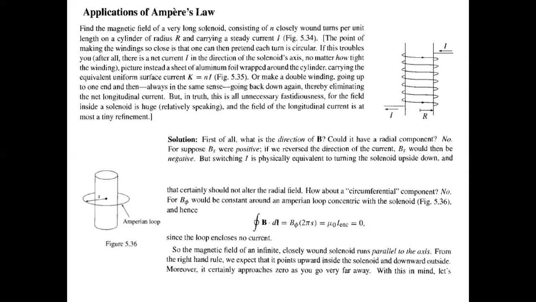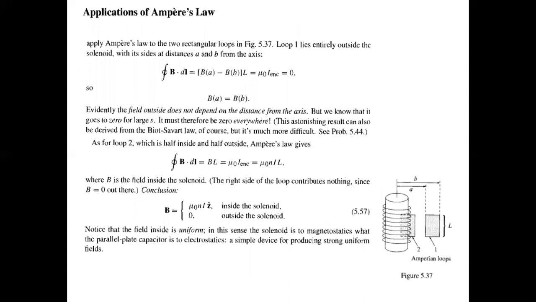And further, we apply it to calculate the magnetic field for a very long solenoid consisting of many turns with a steady current I. And here we are replacing the surface current in terms of K. In simple terms, the final result is that the magnetic field becomes mu 0 I n inside the solenoid, and 0 outside it.